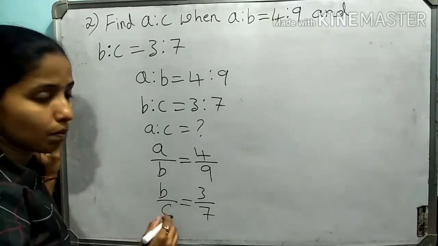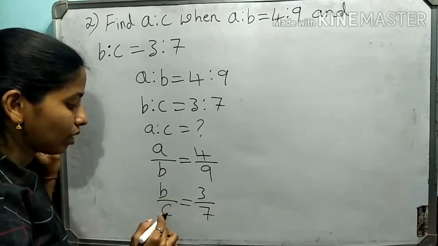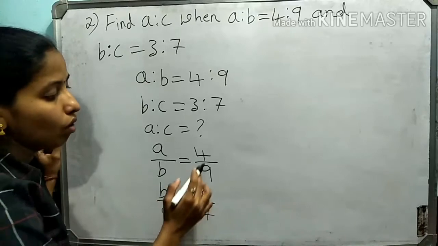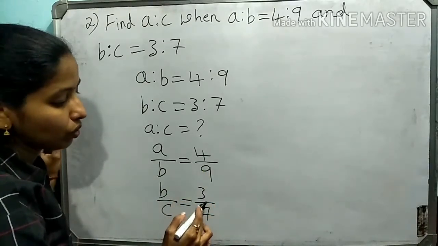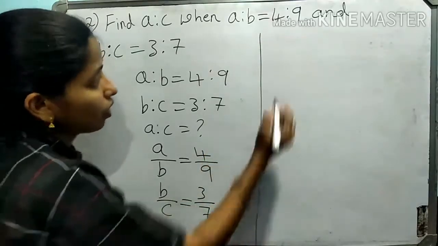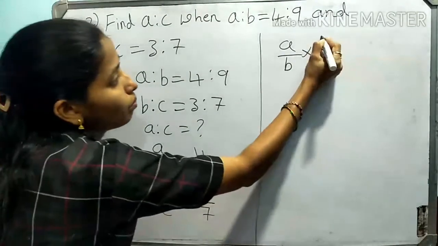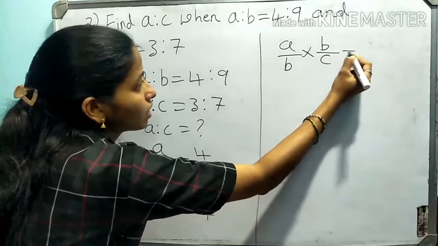So now multiply A divided by B into B divided by C is equal to 4 divided by 9 into 3 divided by 7.